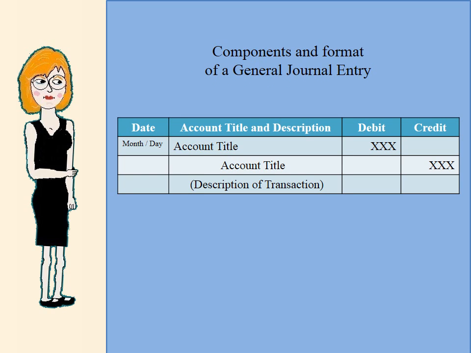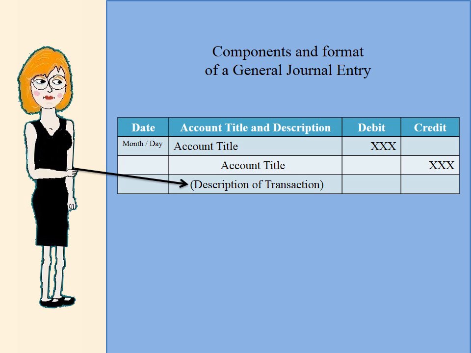Let's look at the basic format of a journal entry. You start with the date column, and you would add the month and the day. Then you have the account title and description column, and from there you would have a debit account title and at least one credit account title.